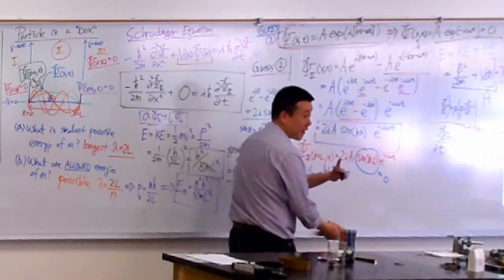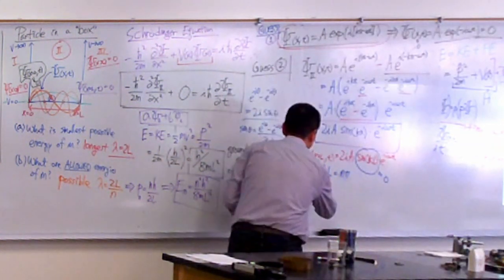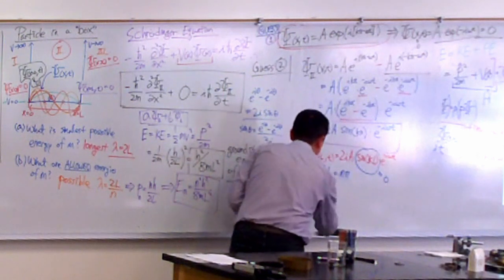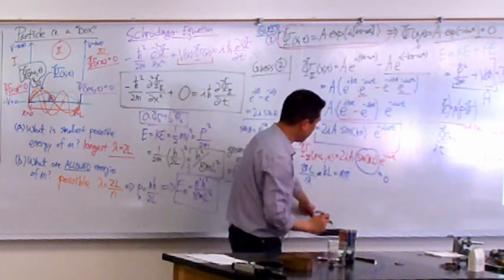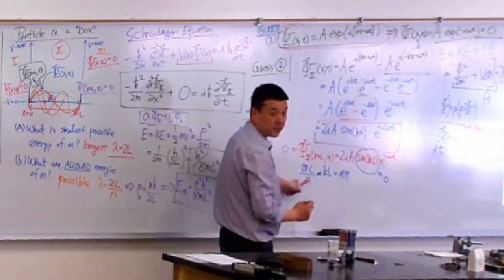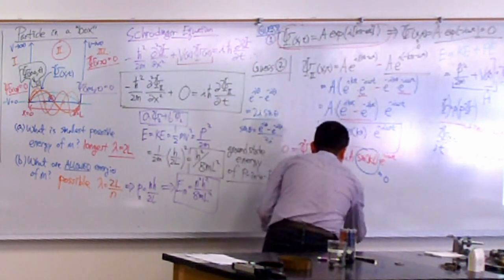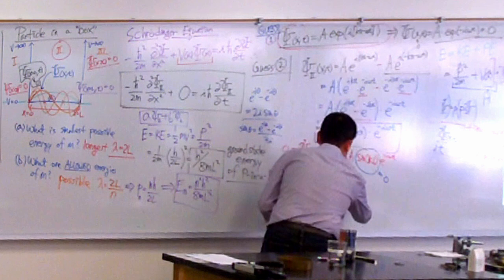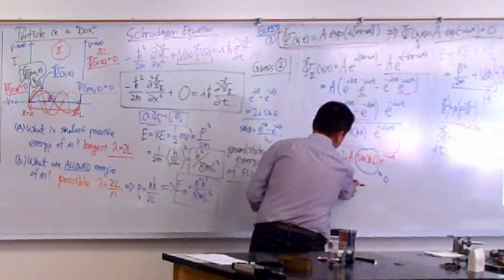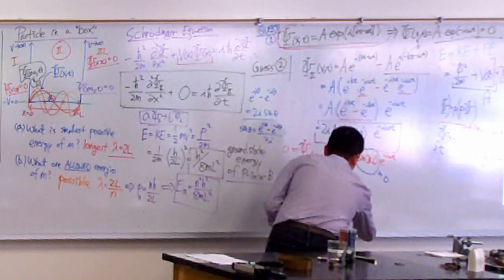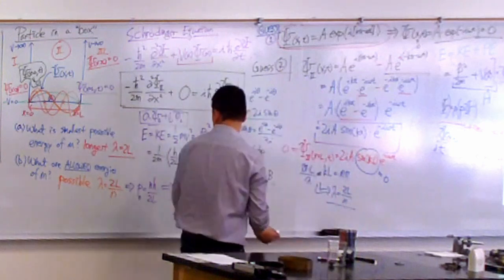Okay, so k is 2 pi over lambda, right? So when you solve for lambda, move lambda over there, move n pi over here. Pi's cancel out, so you end up with lambda equal to 2 pi L divided by n pi, or 2L over n, which is the result we had before.